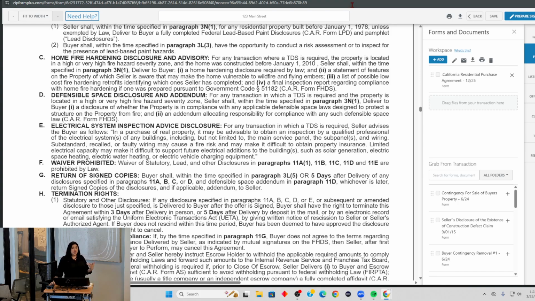That can also create a fire if it's not handled properly. A brand new system can cost anywhere between 20 to 50,000. So this, for example, is another advisory of what's coming. Of what's coming.